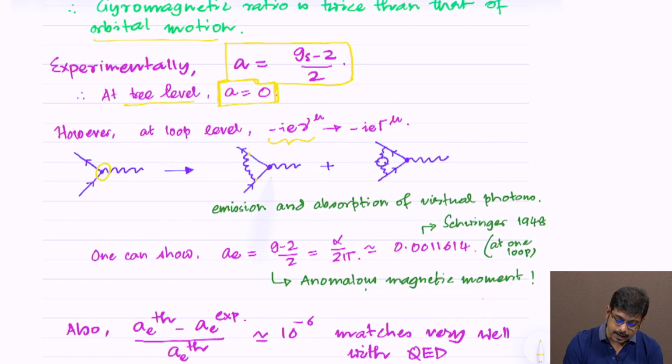This is called the vertex correction, and these will contribute. Or even at higher order, in this photon you can also have a fermion created and annihilated, a fermion loop, so you can also have a diagram like this. So you have all these higher order corrections contributing to the spin g factor.